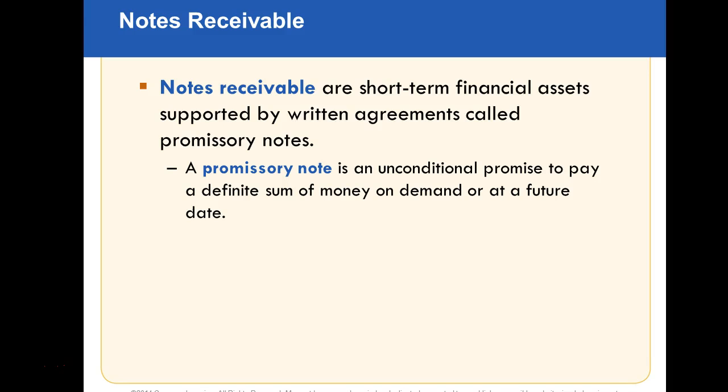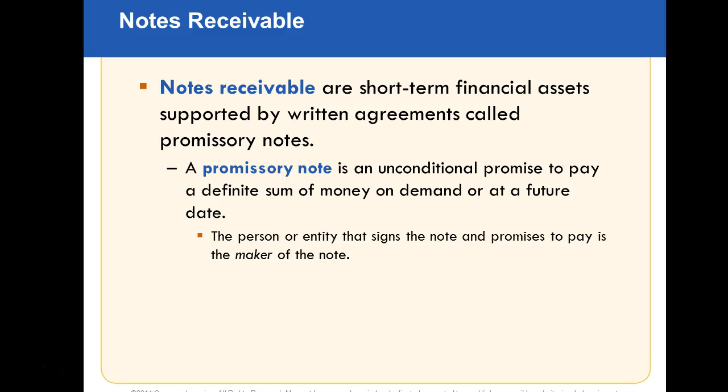Promissory notes are unconditional promises to pay a certain sum of money either on demand or at a future date. So it's just spelled out. It's giving them a little bit longer period of time in order to come up with the money to pay. The person or entity that signs the note and promises to pay it is called the maker of the note.